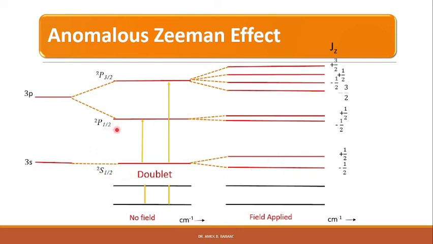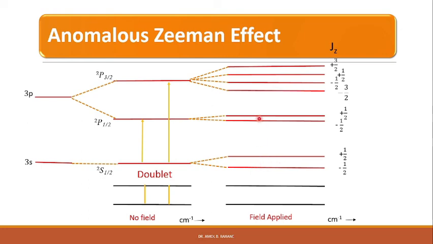For doublet P half also, since J is equal to half, JZ is equal to half or minus half, and therefore we get two energy levels. For doublet P 3 by 2, since J is equal to 3 by 2, we get 4 JZ values: 3 by 2, plus half, minus half and minus 3 by 2, and therefore 4 different energy levels. When transitions between these energy levels take place, we get the anomalous Zeeman effect.